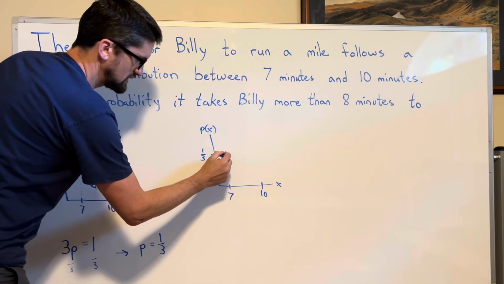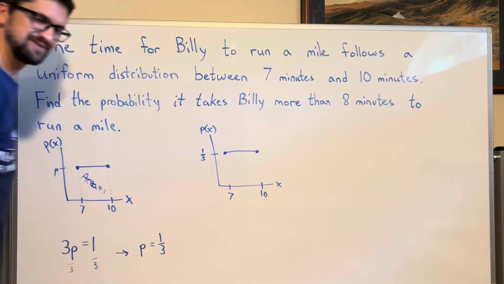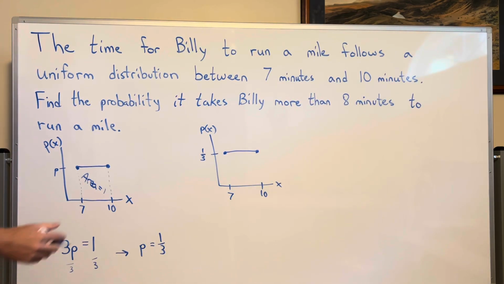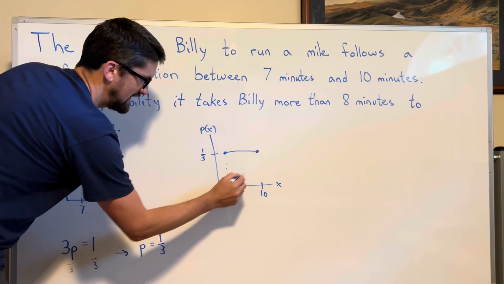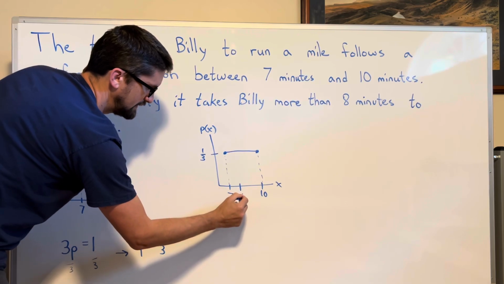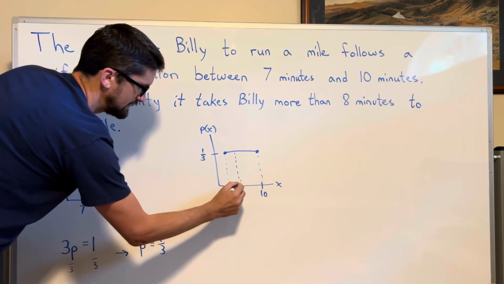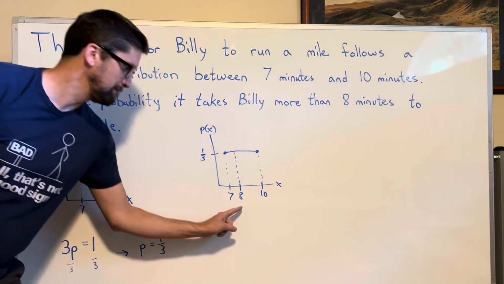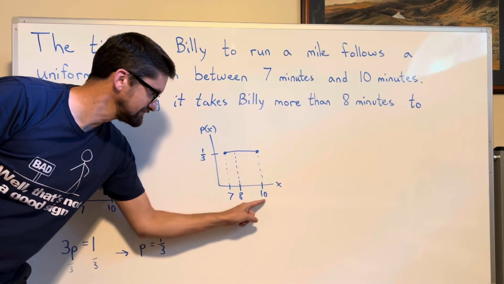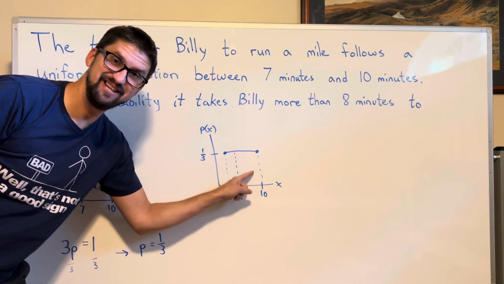I know it's a constant probability from 7 to 10, but I want the probability that the time is more than 8. So it's going to be this area.